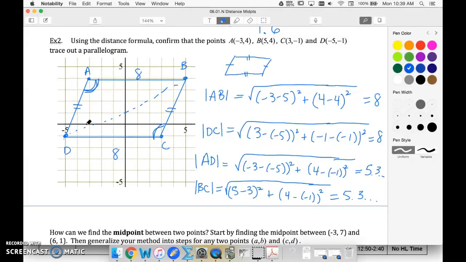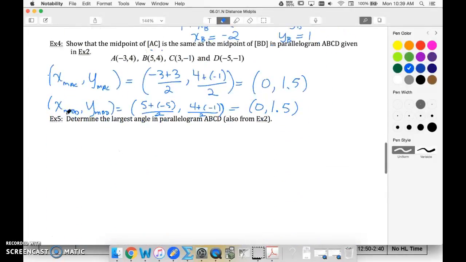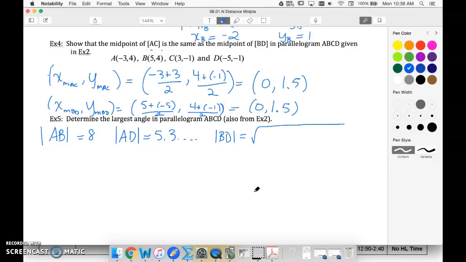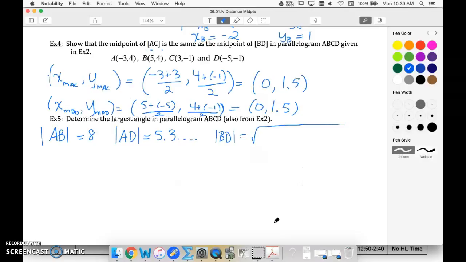Well, I can find the length of BD using my distance formula. So we had that the length of AB was 8, the length of AD was 5.3 something, and now let's find the length of BD. So that's going to be my distance formula. So I'm going to do x minus x squared plus y minus y squared.